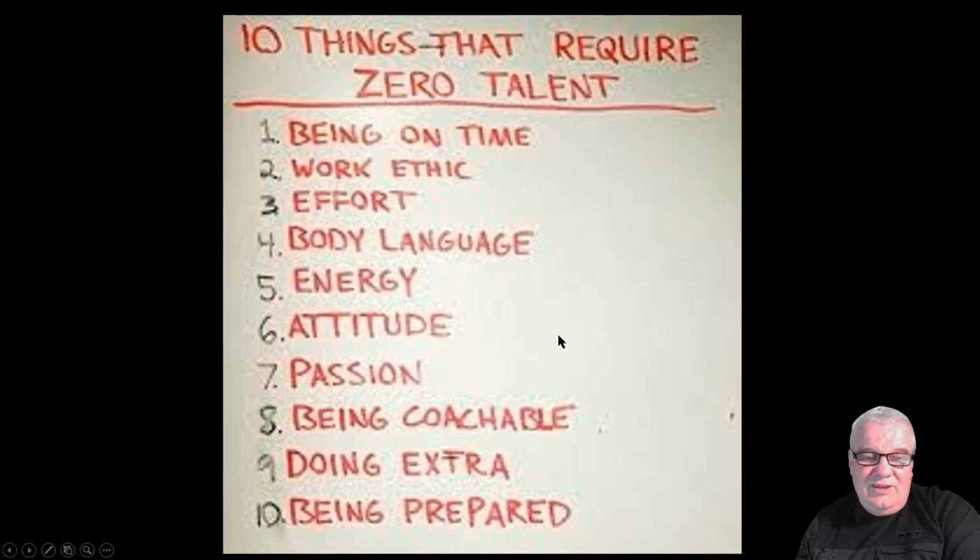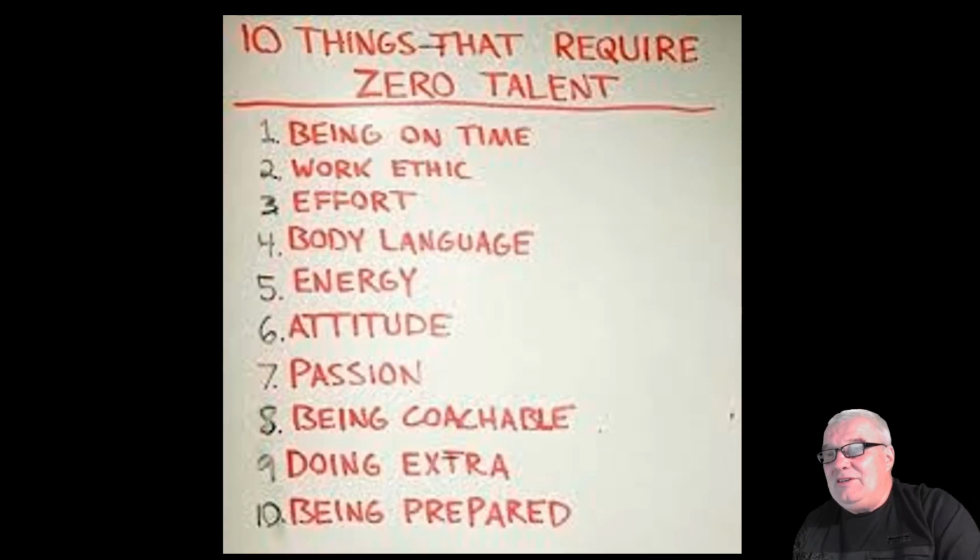So successful student behaviours. Well, here are 10 things that require zero talent. These are things that anyone can do. Being on time, working hard, putting in a good effort, having positive body language.